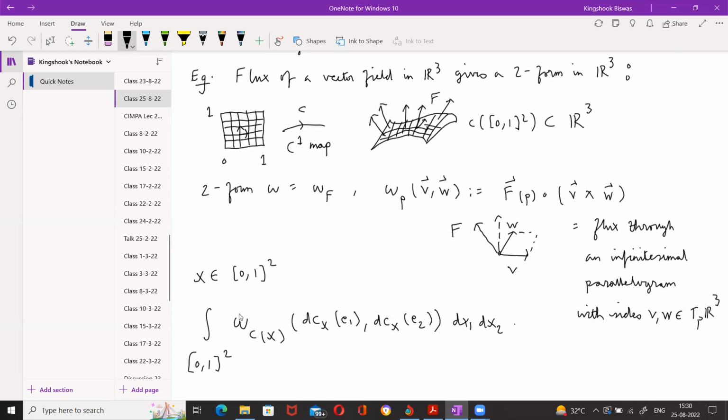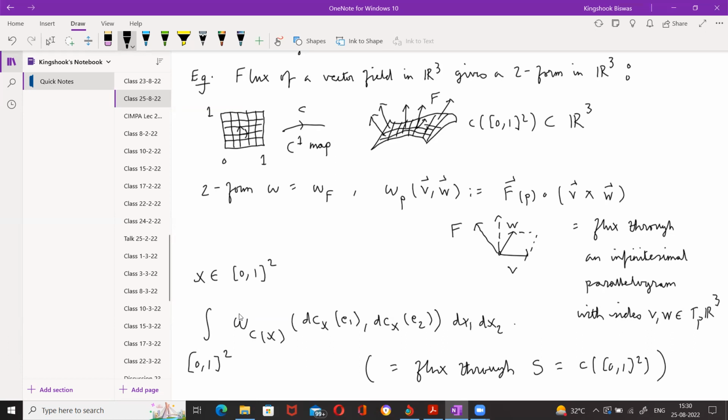Yes. So this will give me the flux through the surface S equal to c of [0,1]^2.